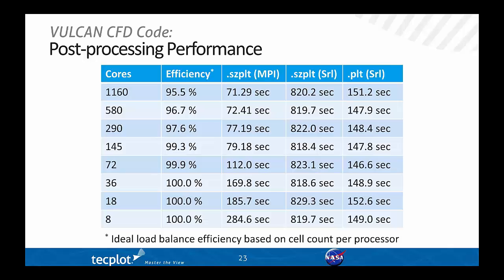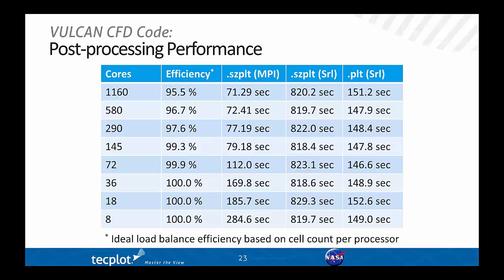However, if you use TecIO-MPI and do the output in parallel, the break-even point appeared at about 36 cores. At 36 cores, I was able to output the .szplt format in about the same time as outputting the .plt format in a serial fashion.